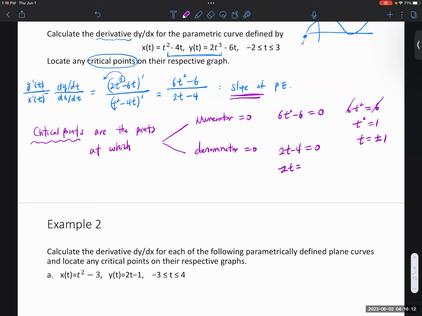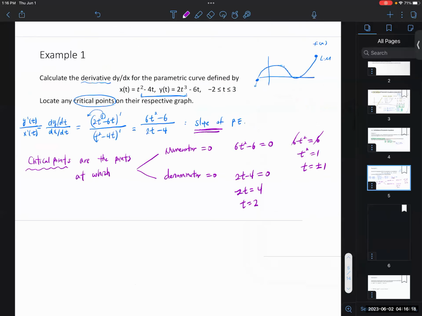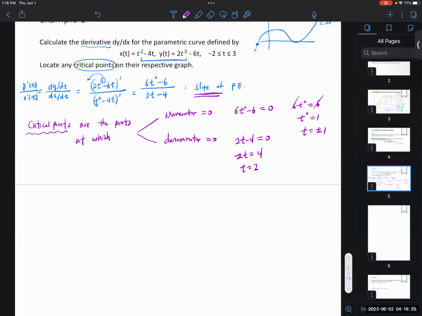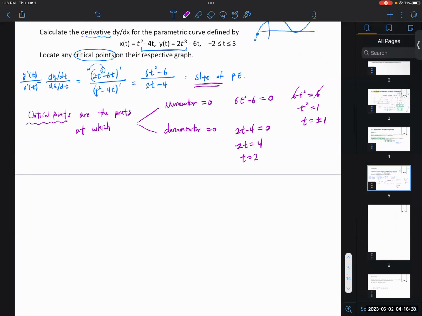So 2t equals 4, t equals 2. What that means is, critical points exist where the numerator equals 0 or the denominator equals 0. The numerator equal to 0 means the entire slope is 0. And the denominator equal to 0 means the entire slope is undefined.